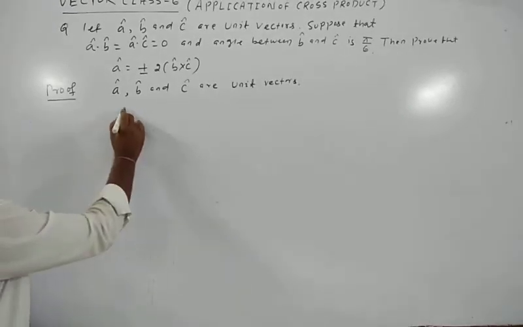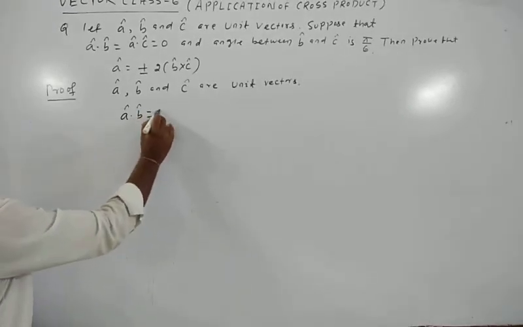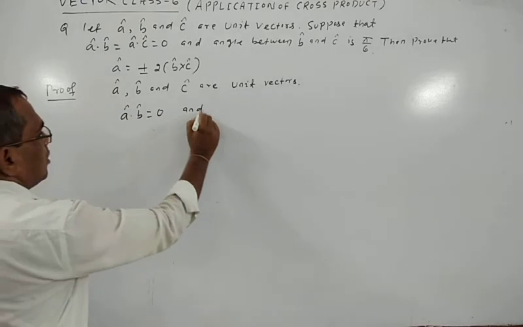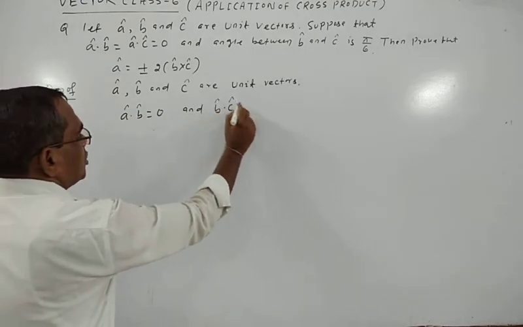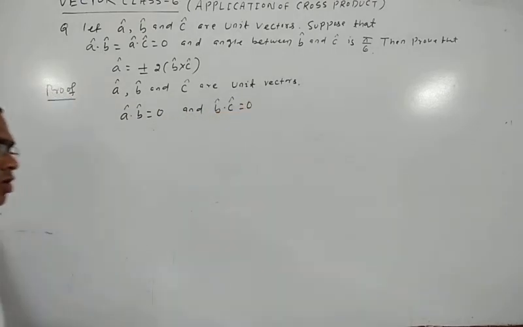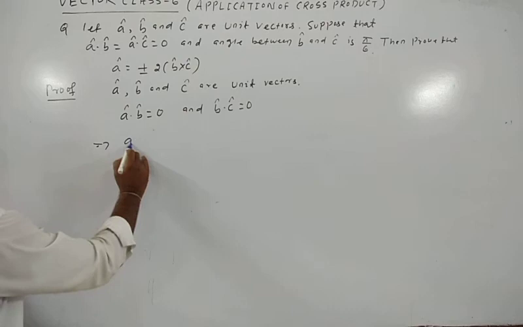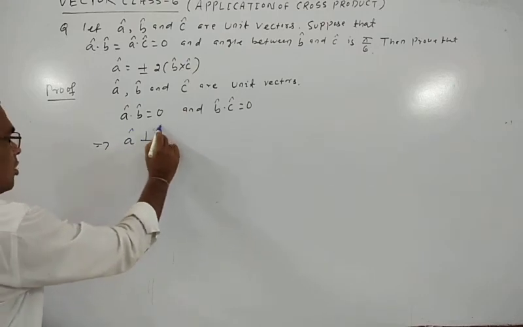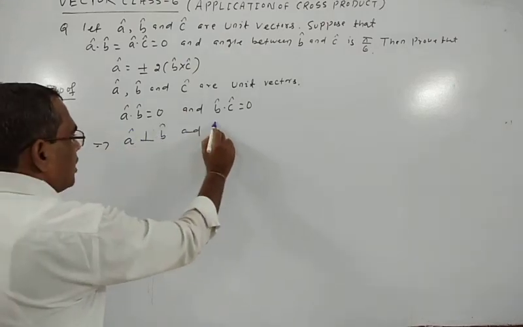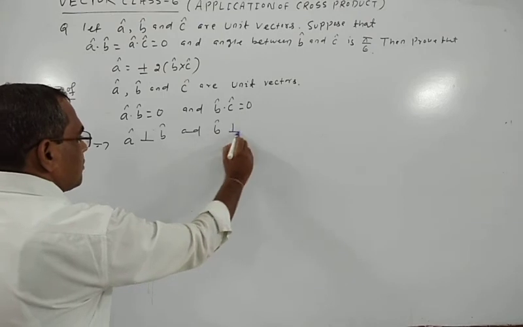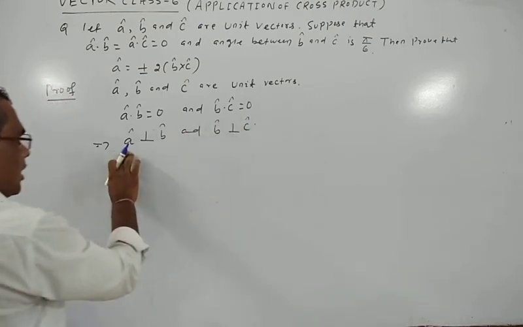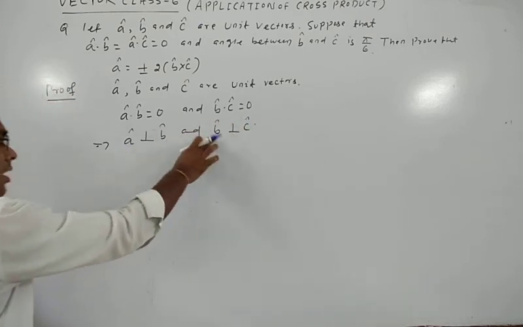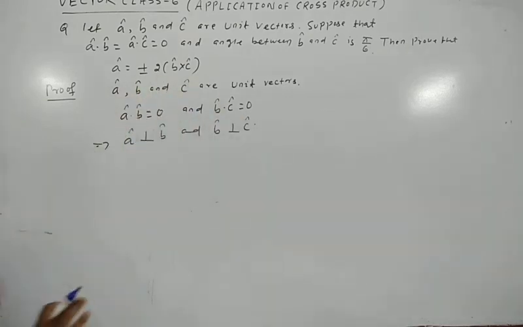And A cap dot B cap is equal to 0. B cap dot C cap is equal to 0. You know the dot product of 2 vectors is equal to 0 means they are perpendicular to each other. That implies A cap perpendicular to B cap and B cap perpendicular to C cap.